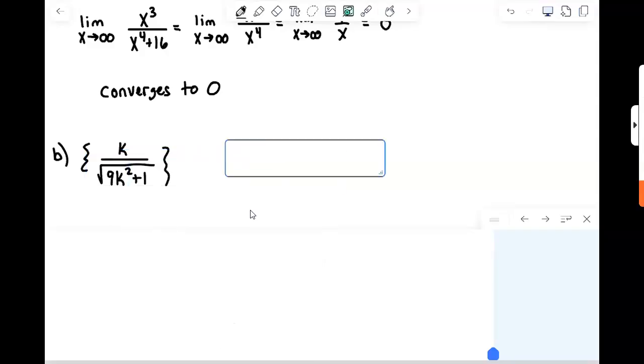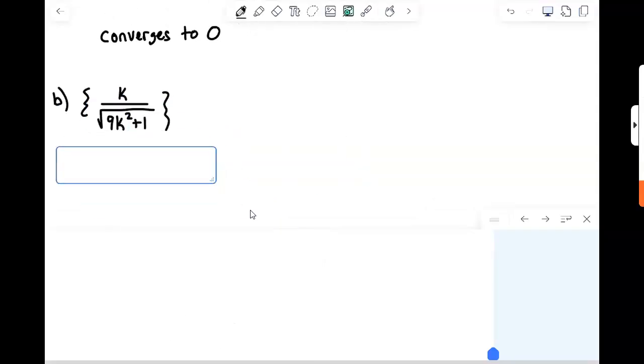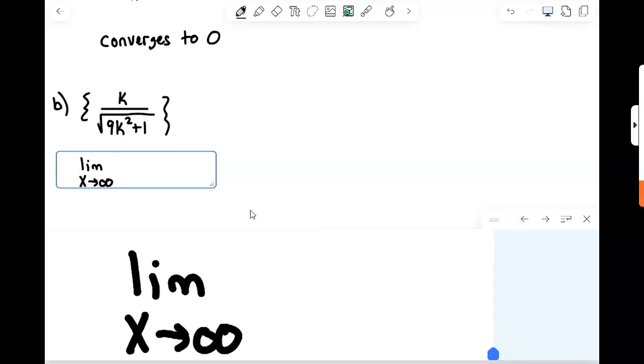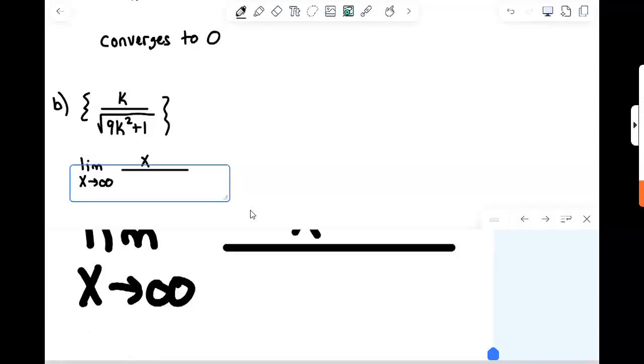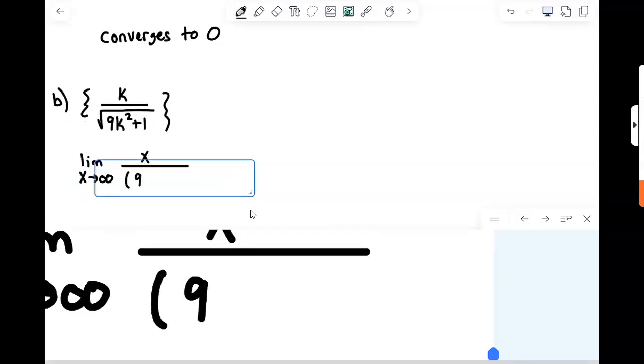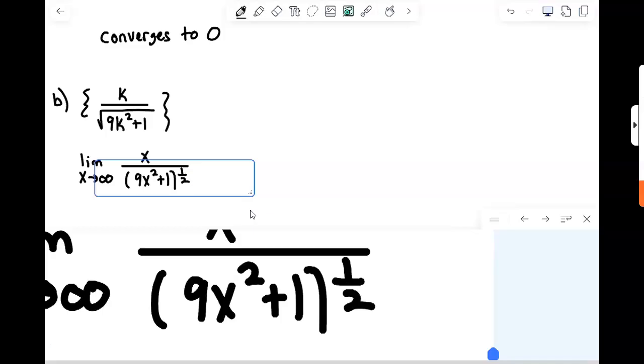We begin by looking at the underlying function, so we convert it over to x. So this would be x over the quantity 9x squared plus 1 to the 1/2.